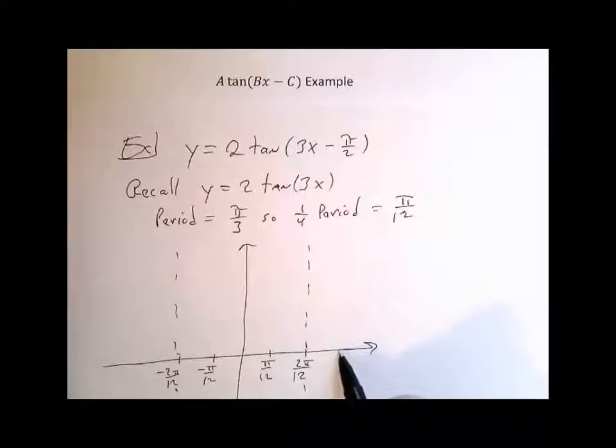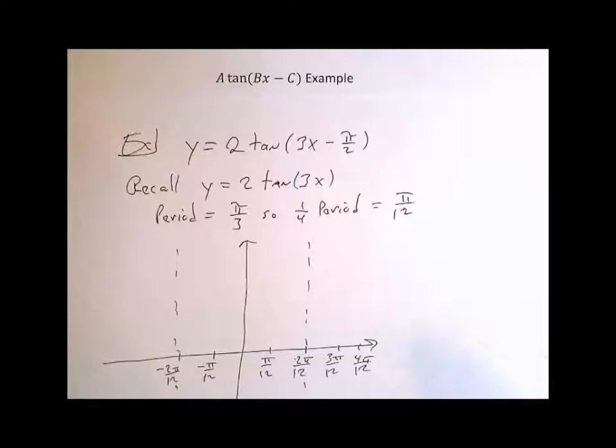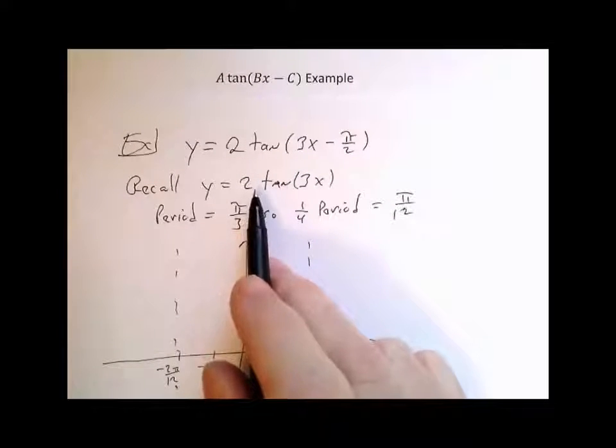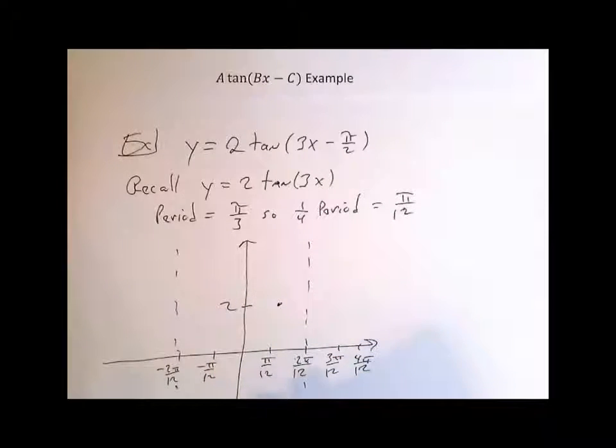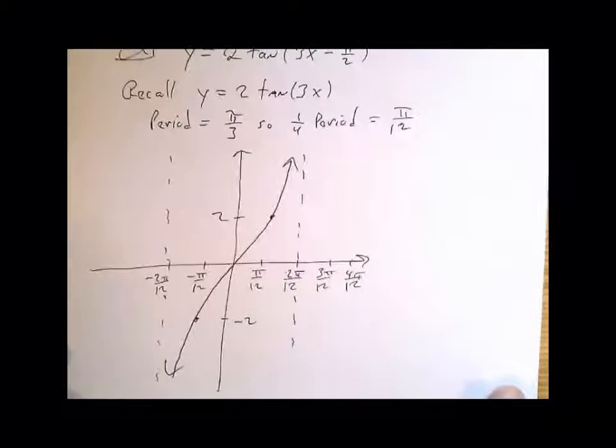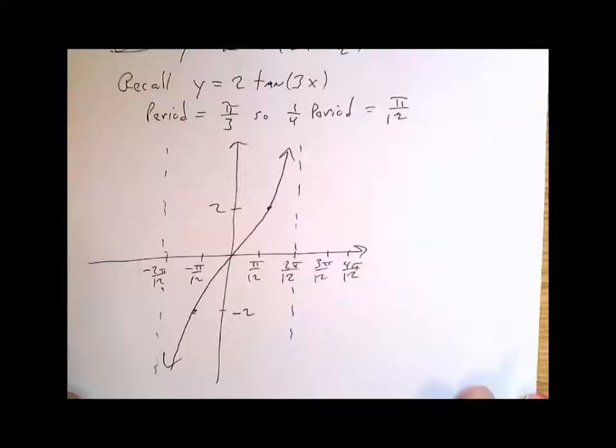And so here might be 3 pi over 12, and maybe here's 4 pi over 12. All of those reduce, but for graphing purposes and for the purpose of this example, we'd want to do this. And then how about this 2 here? Remember, up here we're going to be at 2, and down here we're going to be at negative 2. So we've done all this before. Okay, so now we want to think about this graph.